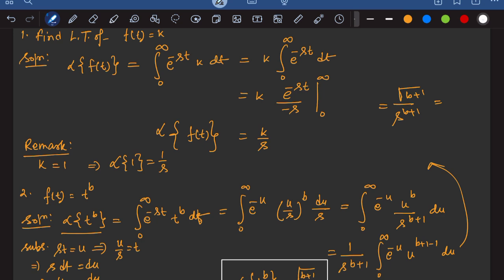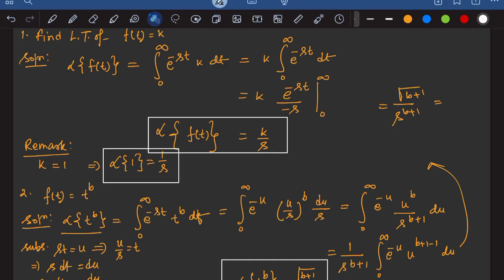So these are a few important formulas we have right now. You have to remember these formulas in the form of a table. This is another formula, the Laplace transform of 1. You will find these formulas in table form in the subsequent classes.